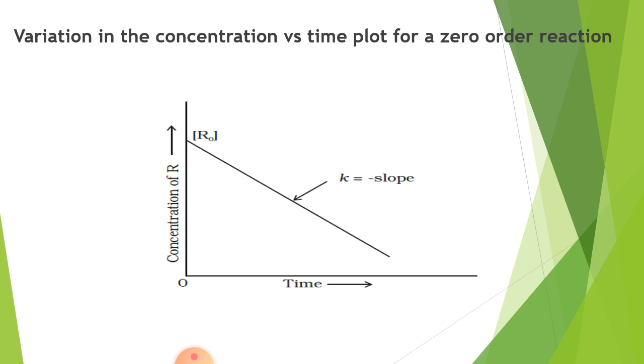So this graph should be like this. You have to learn the graph and also can calculate it from the straight line equation, y equal to mx plus c. Here c is R naught, m is the slope, that is equal to minus k. That's why the graph moves downward in a straight line, and does not pass through the origin due to the presence of the intercept, that is R naught.